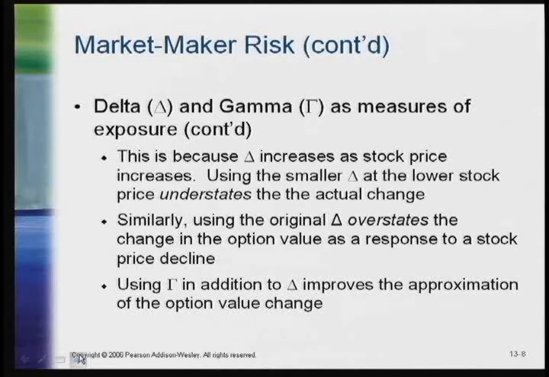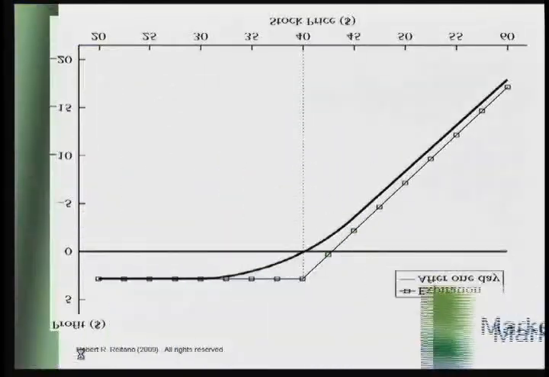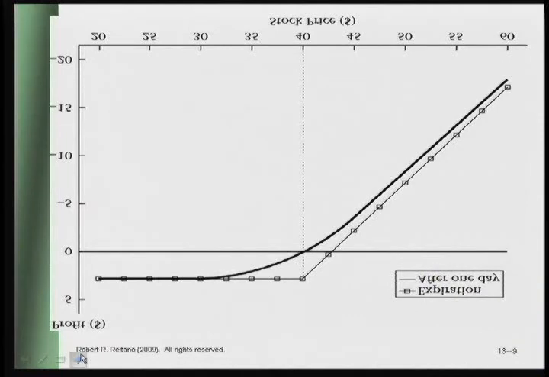And this is what gamma measures. Gamma reflects the change in delta, and a call option has a positive gamma, which means that when stock prices go up, delta increases, and when stock prices go down, delta decreases. So here's a picture of the graph. You could think of this as the profit and loss to the buyer, the investor.